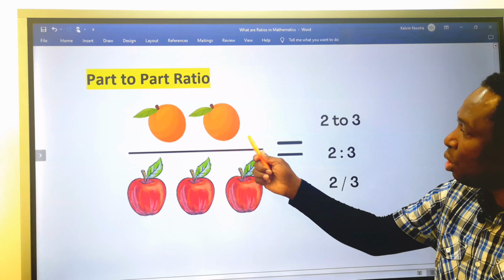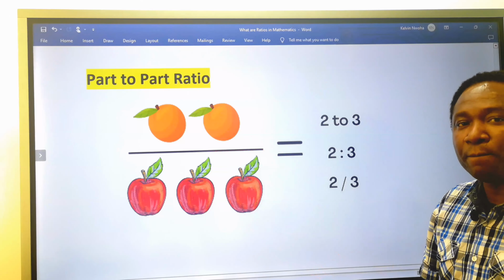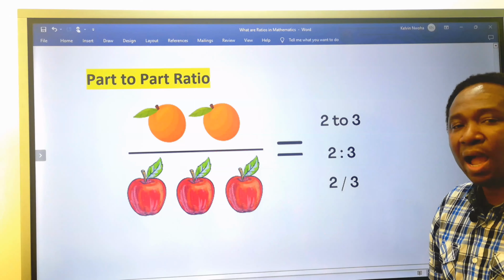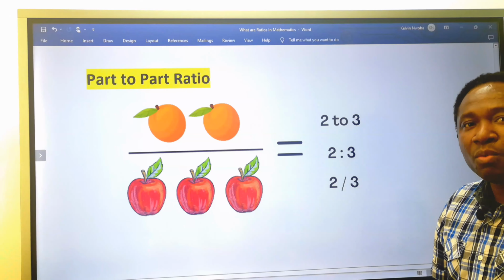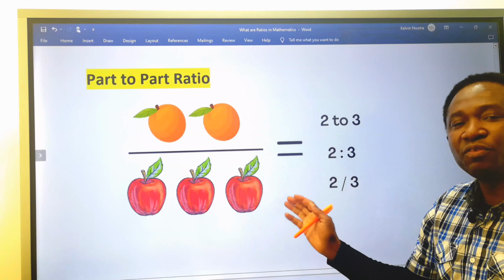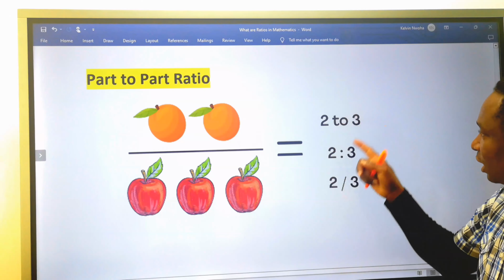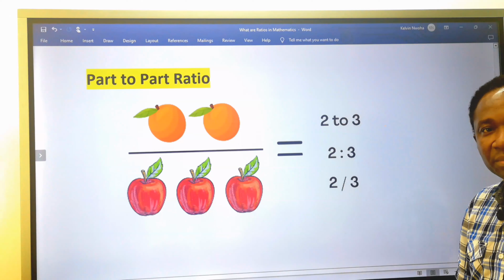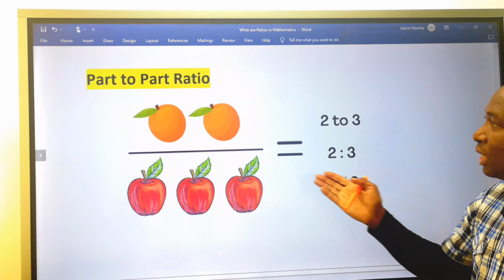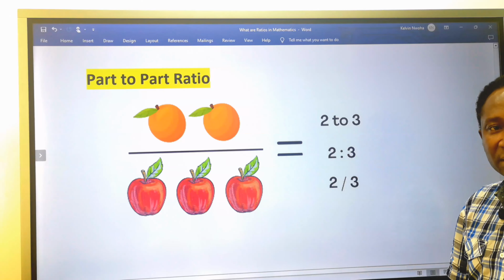These 2 oranges are being compared to these 3 apples. However, we have a total of 5 fruits, but 5 is not mentioned in this comparison. This type of ratio is part to part.